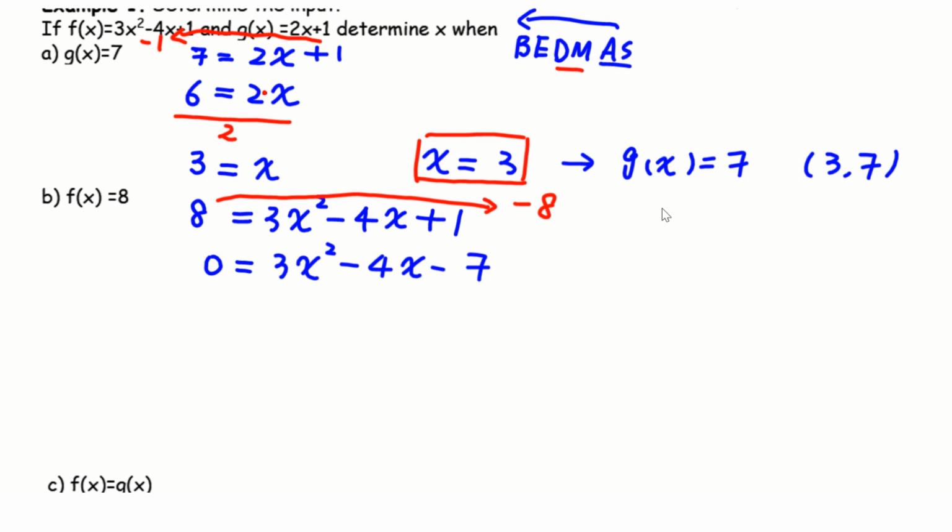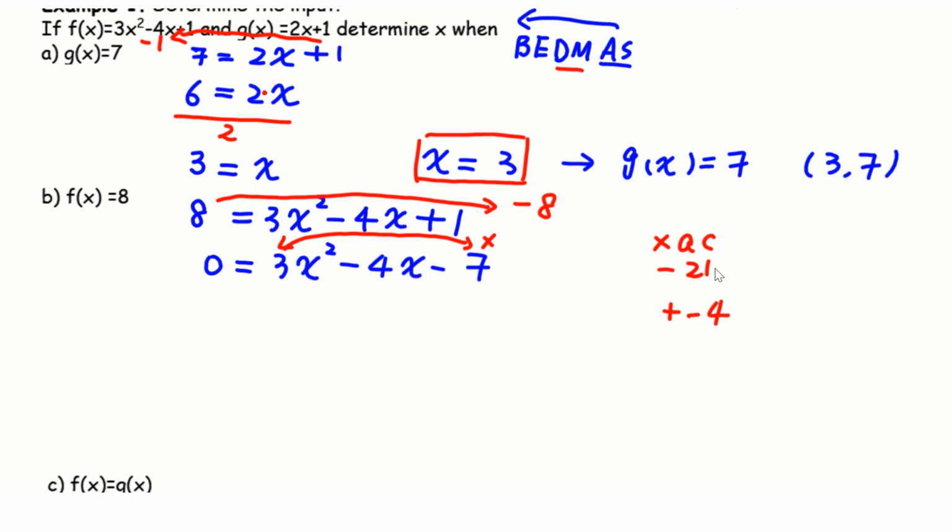If you haven't used the X game before, it's okay. We need to find two numbers that multiply together to equal AC, which is negative 21, and add together to give the middle number, the coefficient of x, which is minus 4.